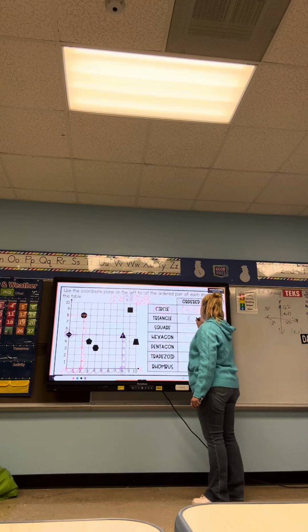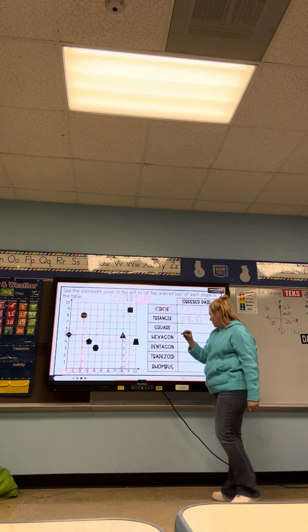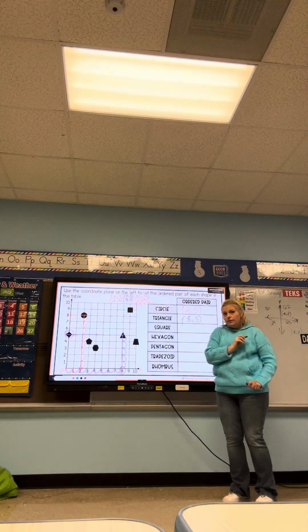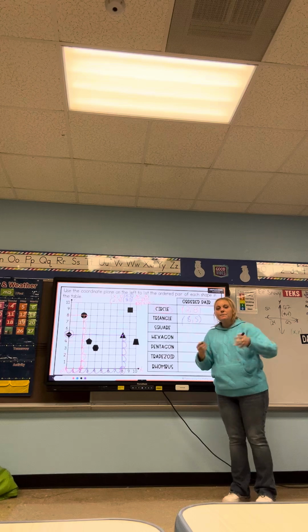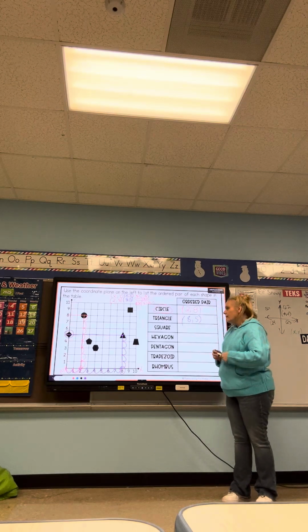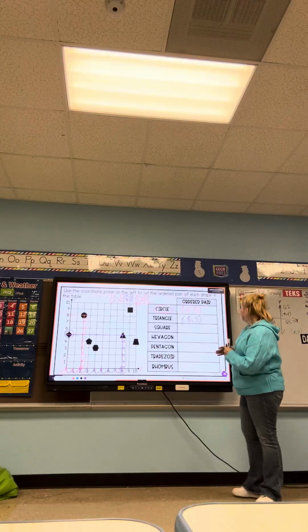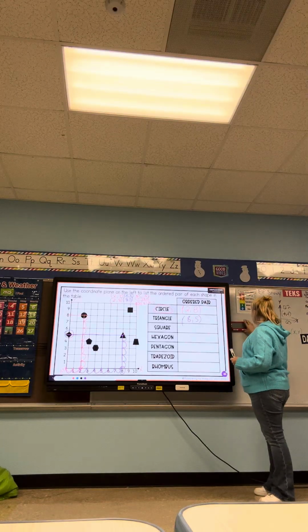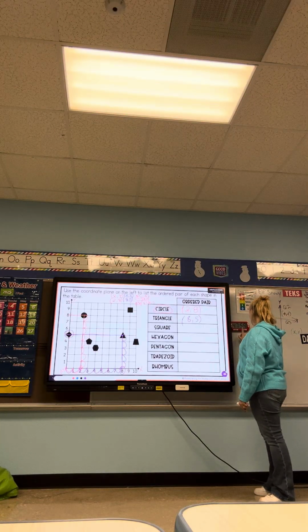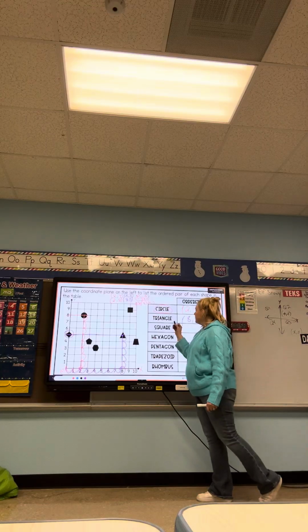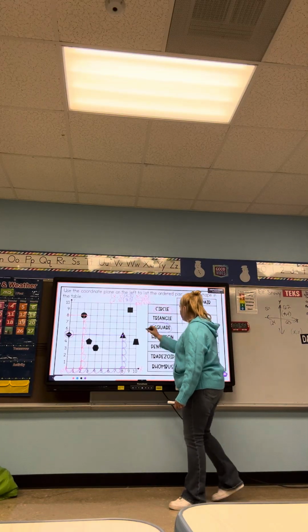So (8, 5) is the triangle, right? Good job, guys. All right, now I'm going to give you some time on the timer. I'm going to give you a minute to do one. Let's try the square.